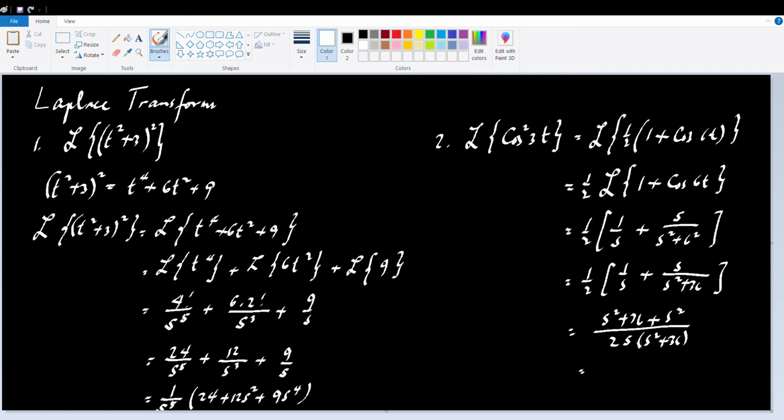So that will be 2s squared plus 36 all over 2s times s squared plus 36, or we can cancel 2. Okay, so that will be s squared plus 18 over s times s squared plus 36.